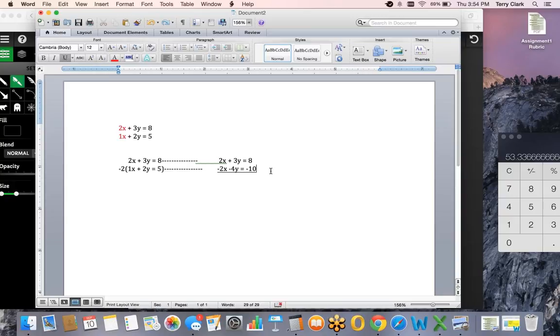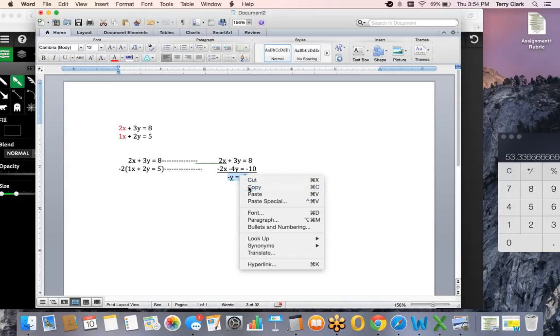So let's go back. We've got negative y here. And then that's going to be a negative 10 and a positive 8. It's going to give me a negative 2. So that's what's left to solve for.